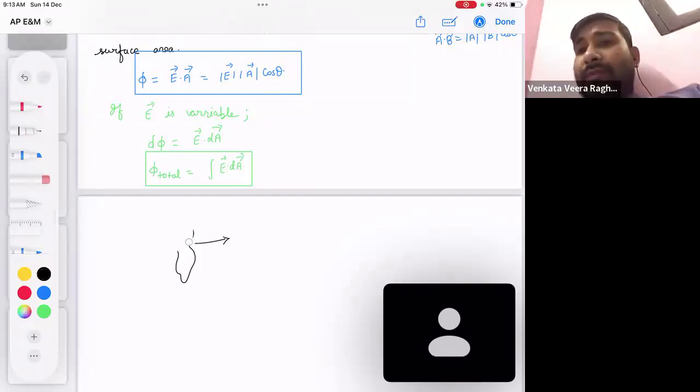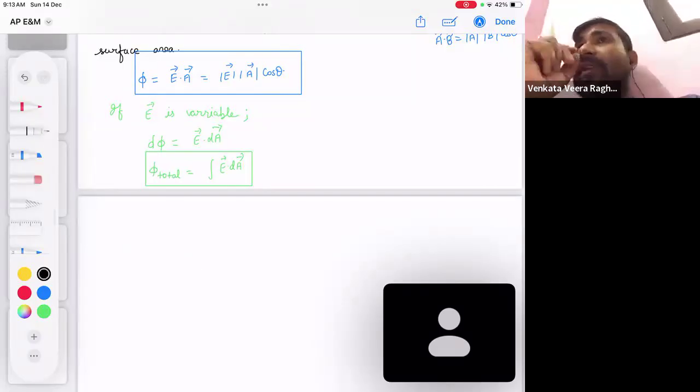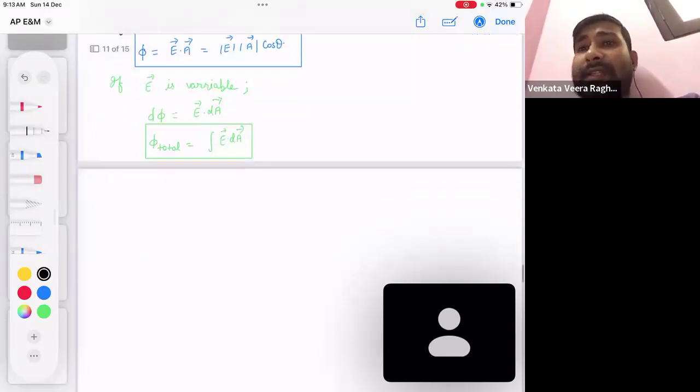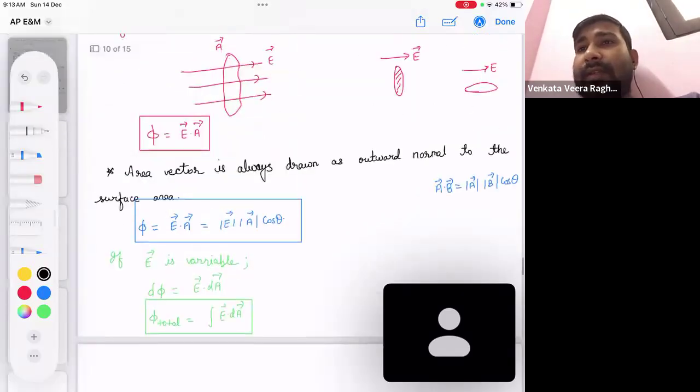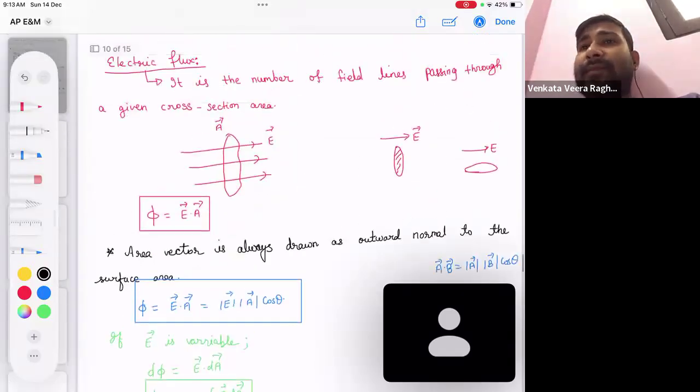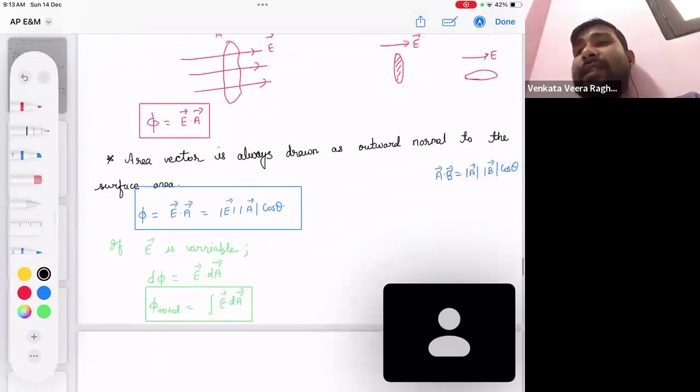So we should always take the normal vector in such a way that flux becomes positive if it is just a cross section. But if it is a closed surface, then we have a certain type of area vector. Then we don't take any random direction as the area vector. Is that clear? Let me take some example and we will understand then. Please tell, is this part clear?